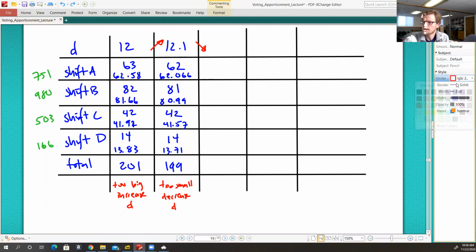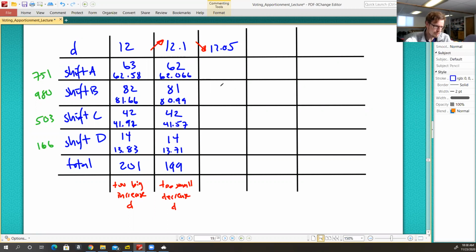Okay, so we decrease our divisor to 12 point, right? I went from being too big to being too small, so I'm just going to split the difference and see if that works out nicely. So let's split the difference, 12.05.